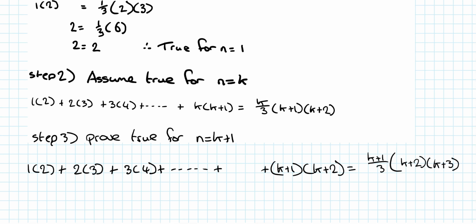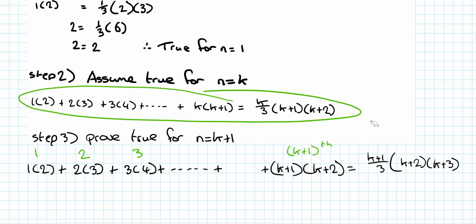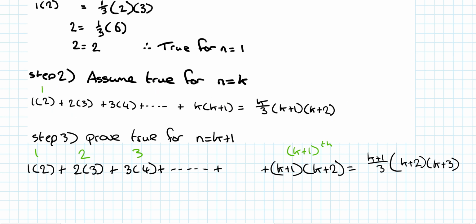And I've left a little bit of a gap because this is my first term, my second term, my third term, and this is my k plus 1th term. Well, what was this up here? This was when n is equal to k. So this is my first, second, third, and kth term.